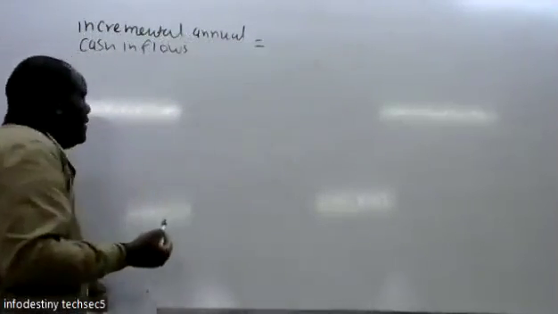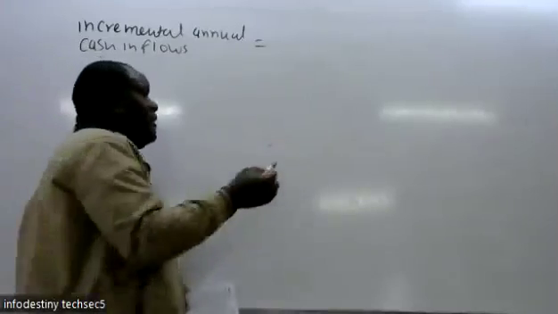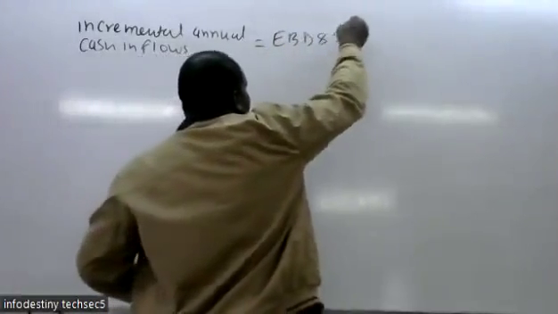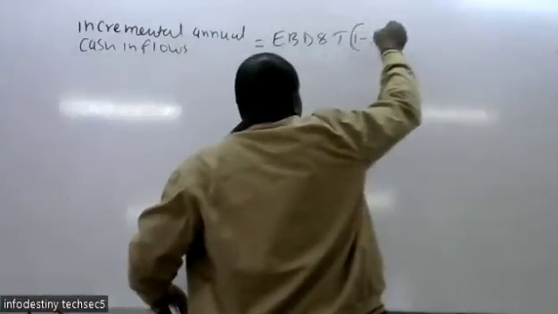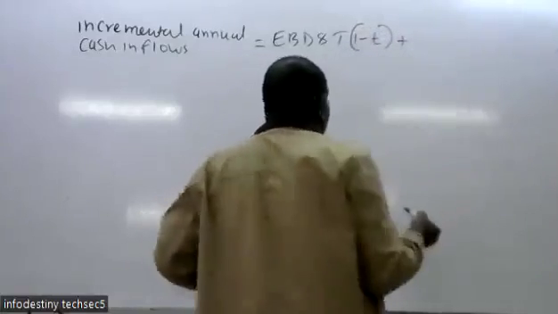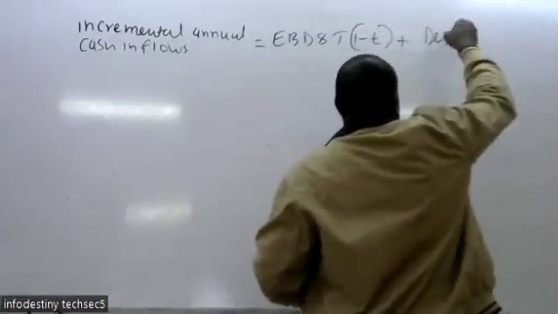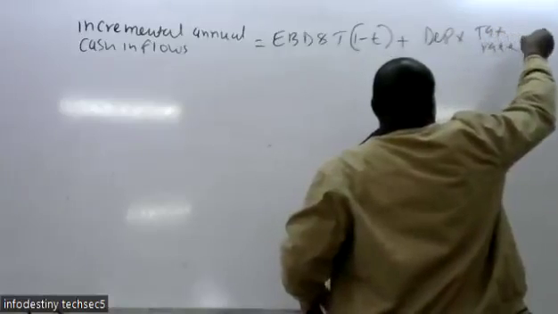Incremental annual cash inflows. We normally take earnings before depreciation and the tax. Then we add depreciation multiplied by the tax rate.